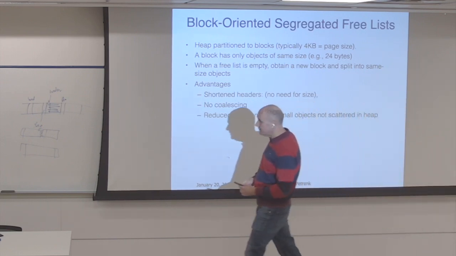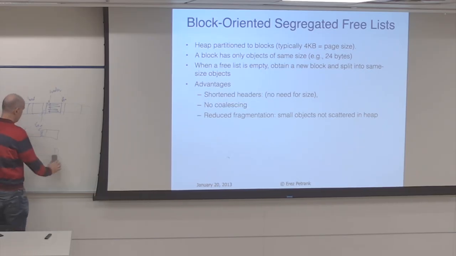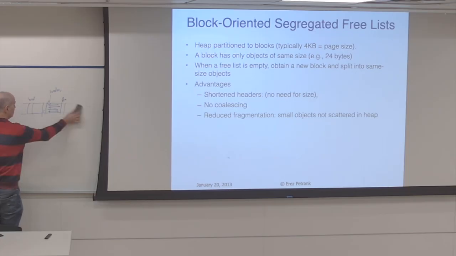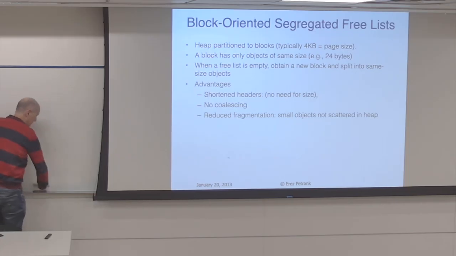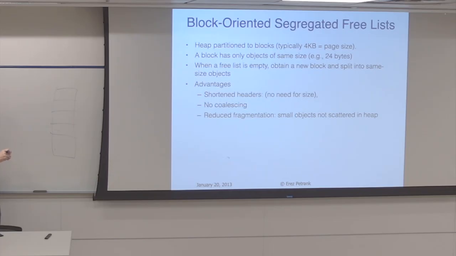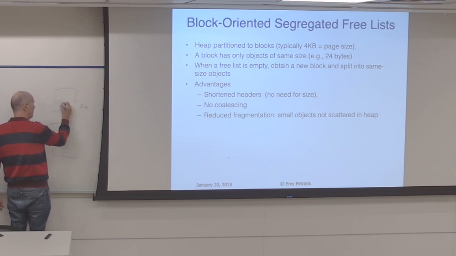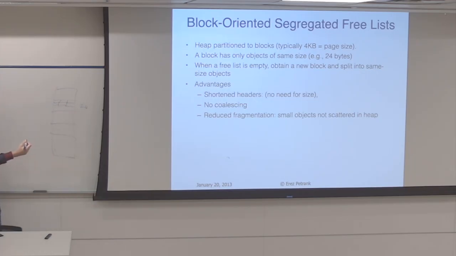So here there is a similar method, but it's called block-oriented segregated list. So we have a heap, okay, and I partition the heap into blocks, and each block only allocates for a specific size. So this could be like 24, and all the objects here will be of size 24.